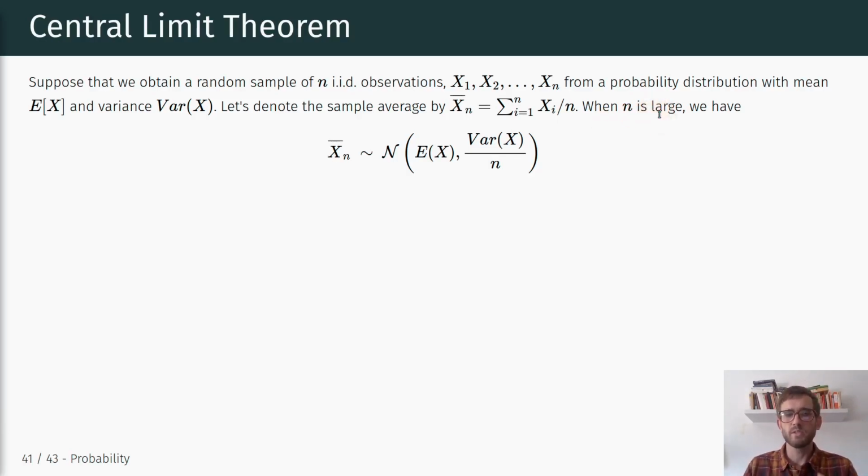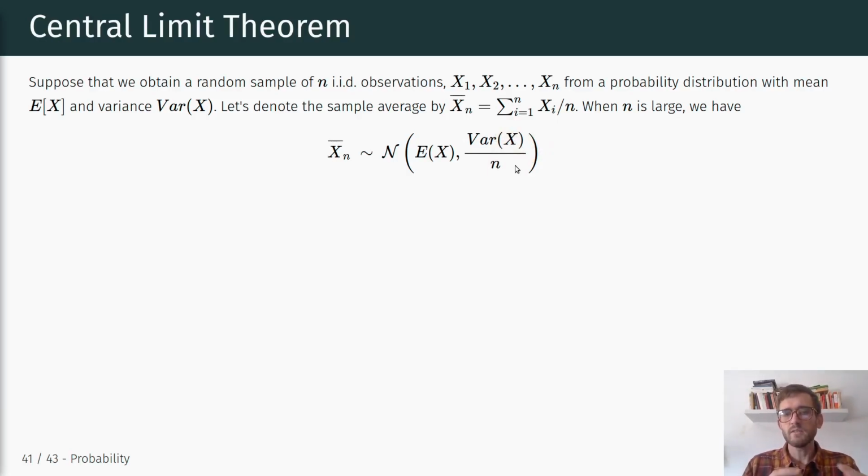But now what we're saying with the central limit theorem is when n is large, then the distribution of x bar approaches a normal distribution, with the mean of the expectation of x and a variance of the variance of x divided by the sample size.